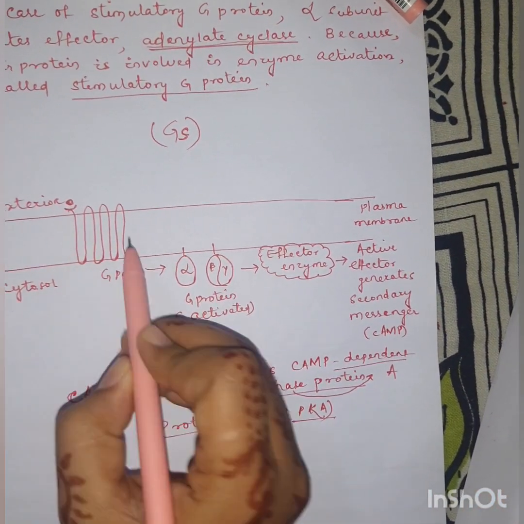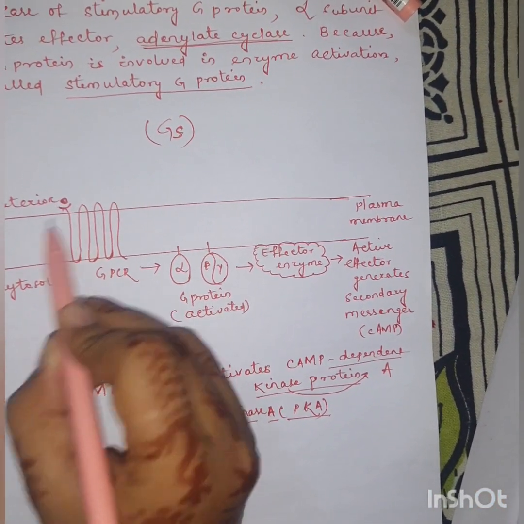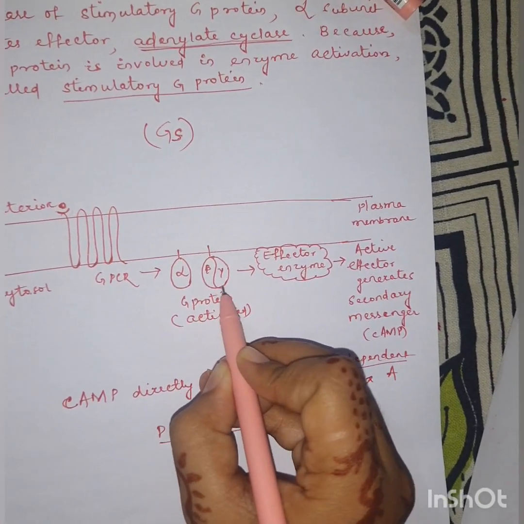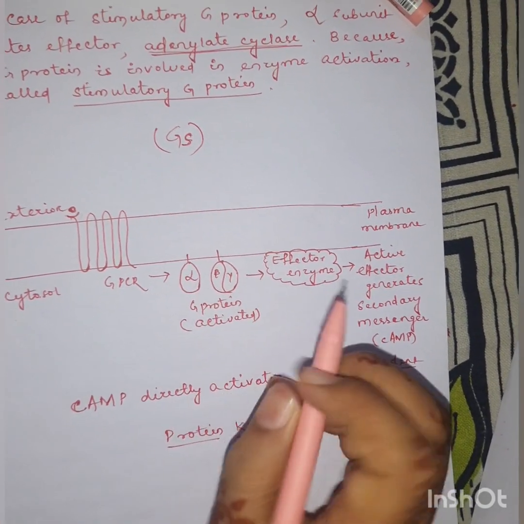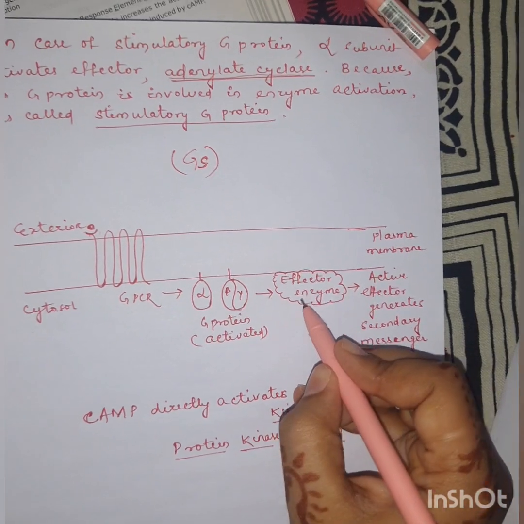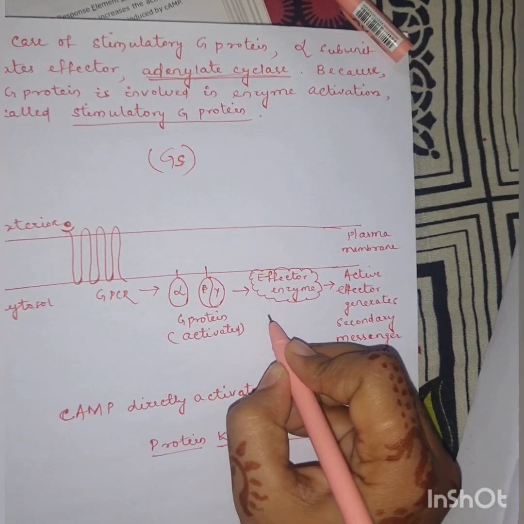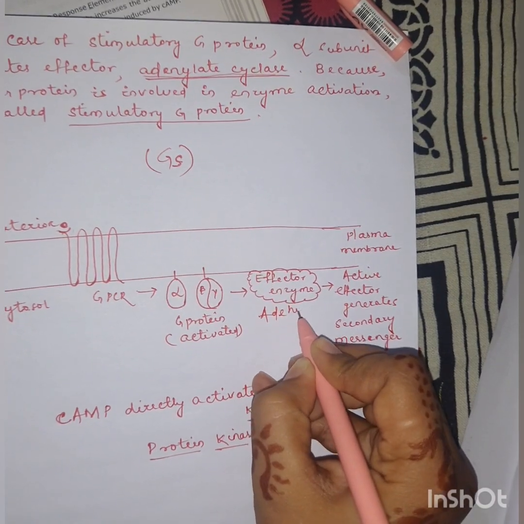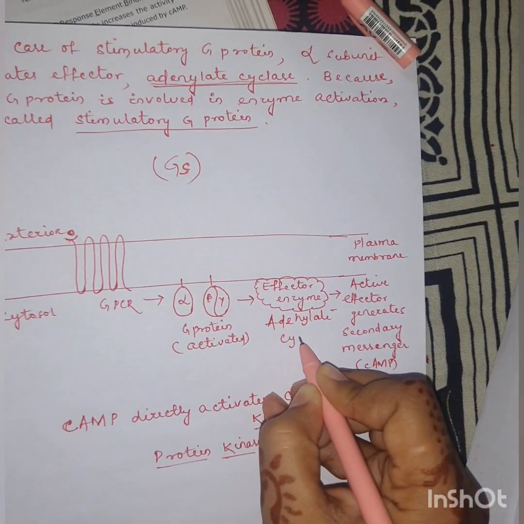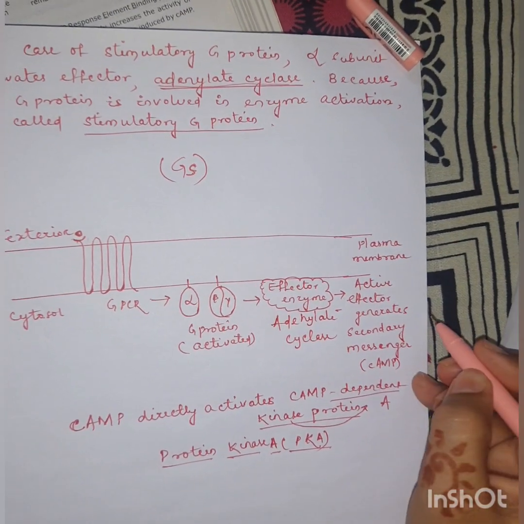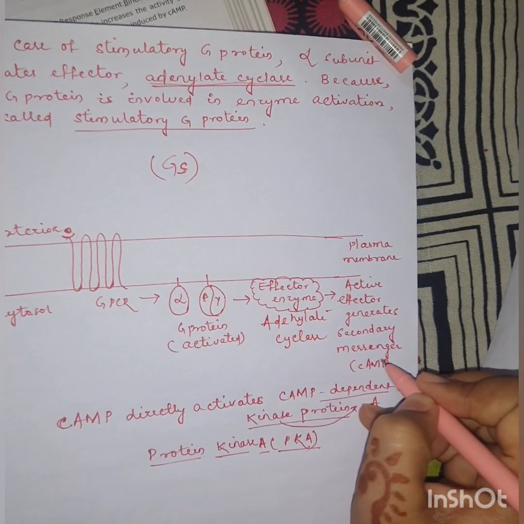Here the signal attaches to this GPCR, then G protein alpha and beta gamma all get activated, then they activate another effector enzyme called adenylate cyclase. This effector enzyme again activates a secondary messenger.